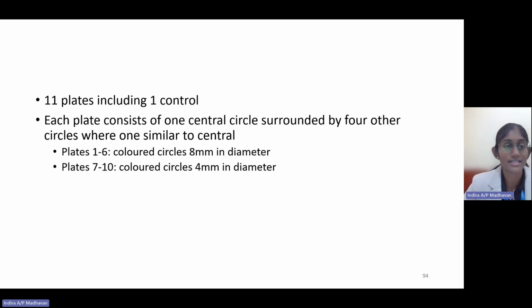For plates 1 to 6, the colored circles are about 8 mm in diameter, bigger size. While for plates 7 to 10, the colored circles are 4 mm in diameter. That means the later pages have a more complex thing to be tested in a smaller size.